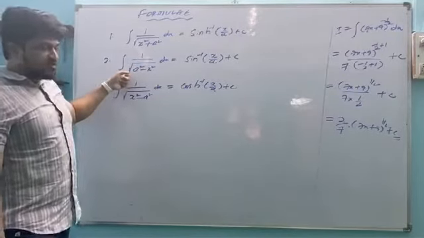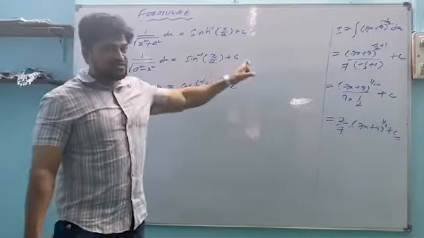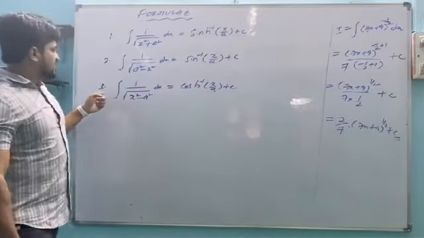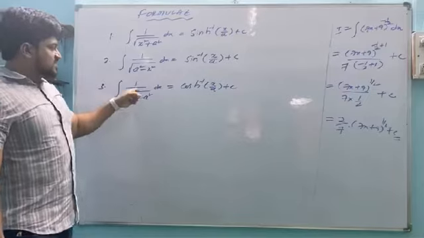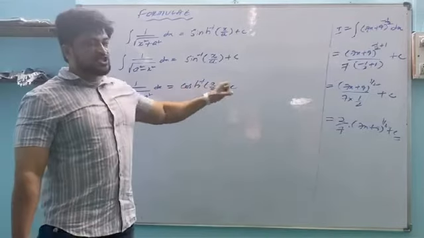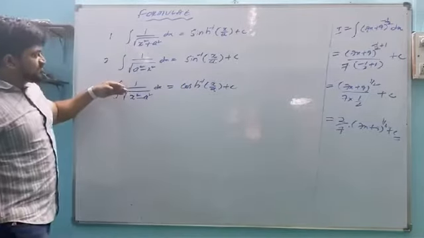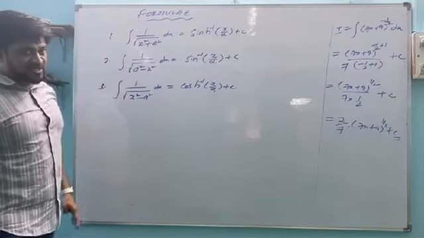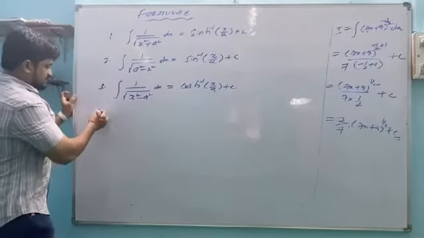Integral 1 by root over a square minus x square dx is sin inverse x by a plus c. And integral 1 by root over x square minus a square dx is cos h inverse x by a plus c. See, all the three formulas have root in the denominator, numerator is 1.